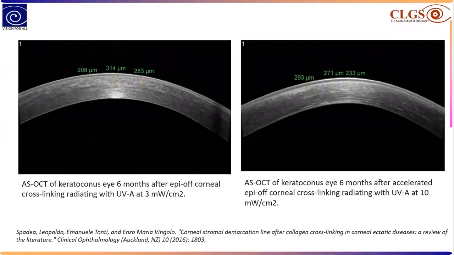In CXL, during epithelium removal, do they remove the whole epithelium, or does removal of more area lead to more delayed epithelialization? A 9 mm area they remove, and after completing the CXL process, they put a bandage contact lens.